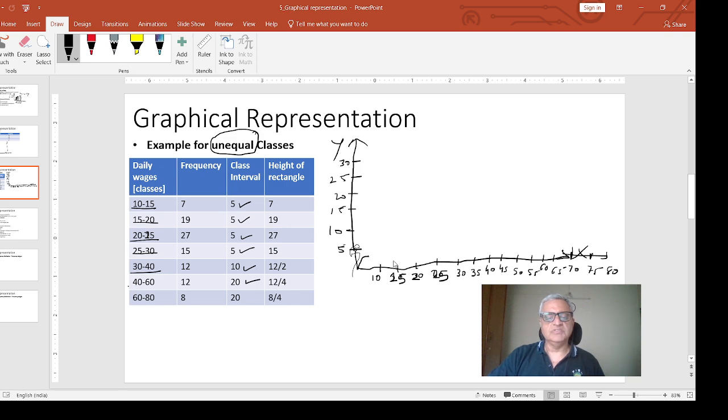For 10 to 15, my frequency is 7, so this is how I will depict a bar, somewhere here. 15 to 20 is 19, so just below 20, somewhere like this. 20 to 25 is 27, so somewhere here.